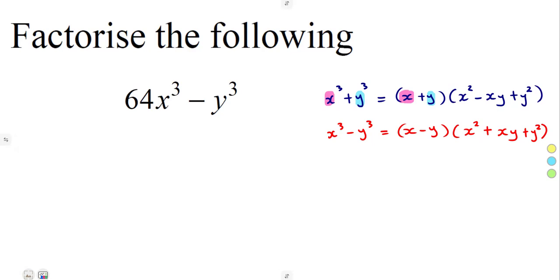Another bracket, we are going to have the first term squared minus the product of the first and last. Here, take note, this is the product of the first and what? Last term. So we've got the first term multiplied to the last term. Plus the last term squared. Y there being the last term, y squared. So it is the last term squared.